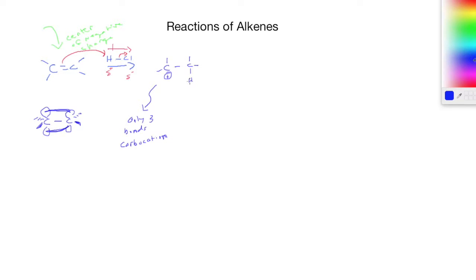Okay, so now the next thing that we notice is that we have this carbocation, but we have already broken this hydrogen Cl bond. The Cl has picked up the 2 electrons that are in this bond. So we have Cl minus now that's hanging around right there. And so, of course, the next thing that can happen is for this negative charge area to come over here and attack where the positive charge is.